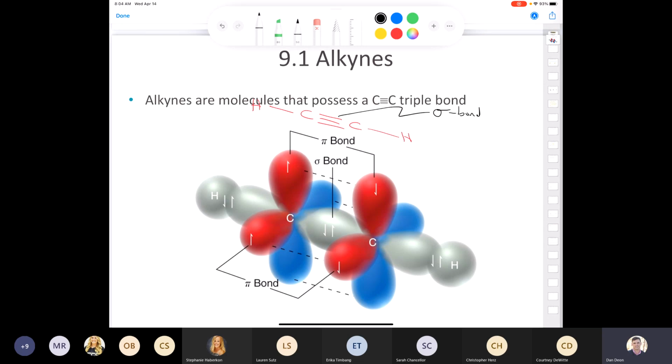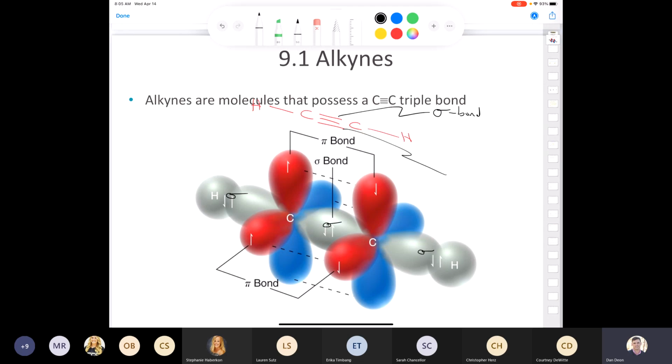There's one sigma bond here, which is a result of the overlap of the sp hybridized carbon orbital with the sp hybridized carbon of the other carbon, and then the s orbital, of course. We have an overlap between the sp hybridized carbon and the s orbital on the hydrogen atom. Anyhow, so these are sigma bonds, right? This is a sigma bond here, this is a sigma bond, and this is a sigma bond.